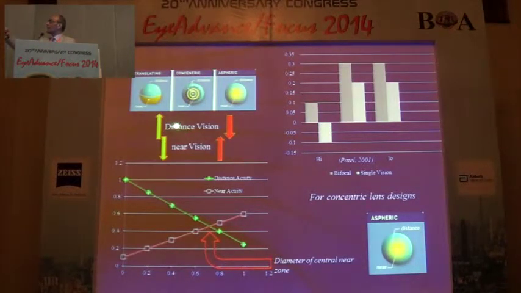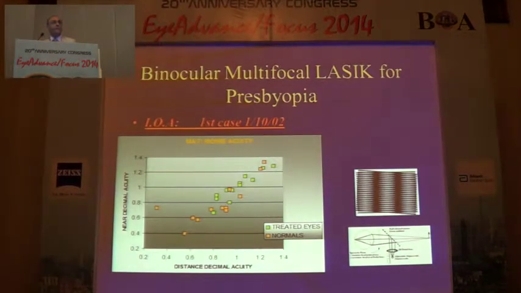But the bottom line is this: in general, we know intuitively if the distance vision goes up, the near vision will go down, and conversely, when distance vision goes down, near vision goes up. Now, going by just that simple premise, what we can do is compare distance acuity with whatever system we have for correction with near acuity.